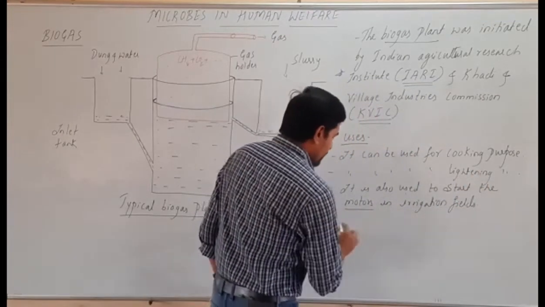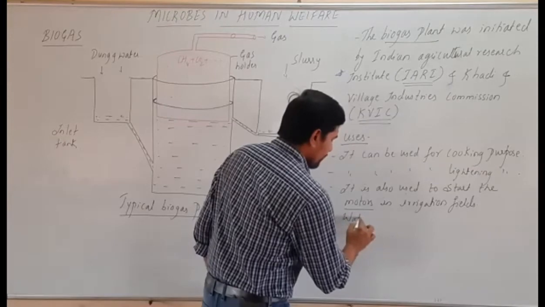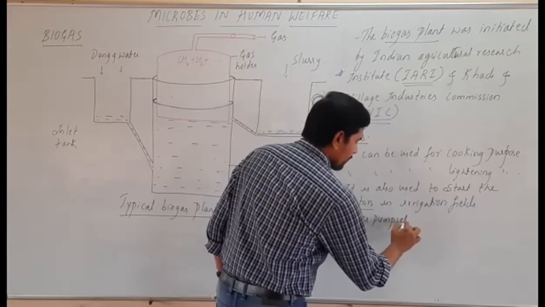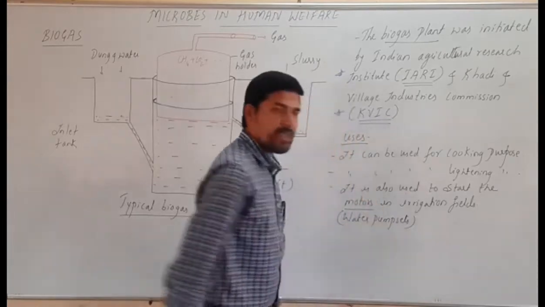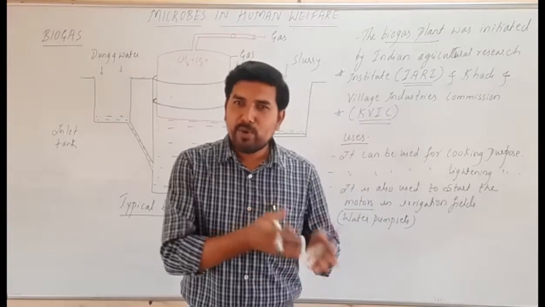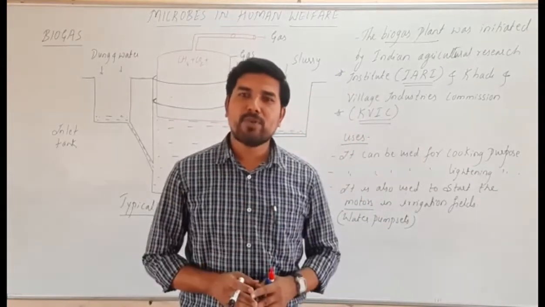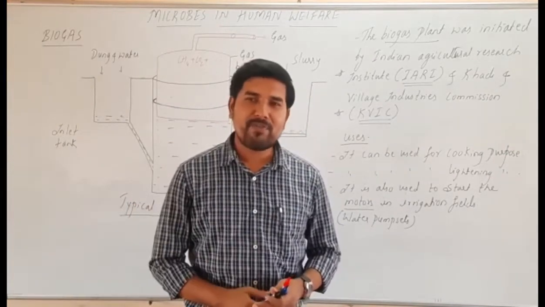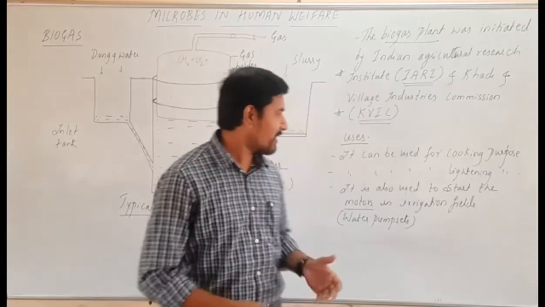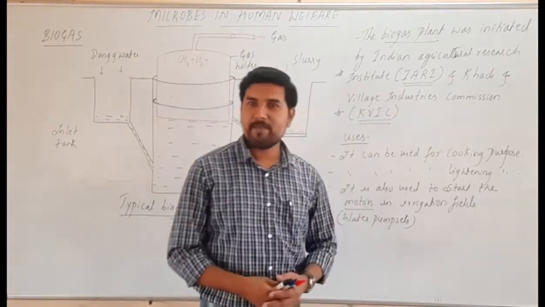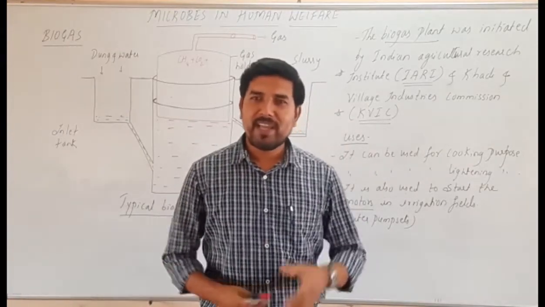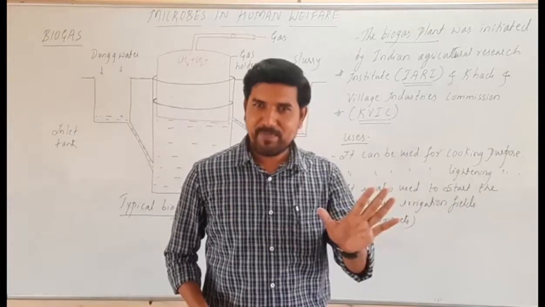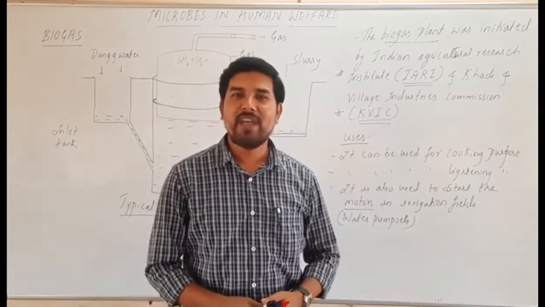We call them water pump sets. Even for the water pump sets the energy can be used for the purpose of irrigation. So this is regarding the useful part. And one more thing is it is more efficient. It does not produce any pollution. This is the best part of the biogas.